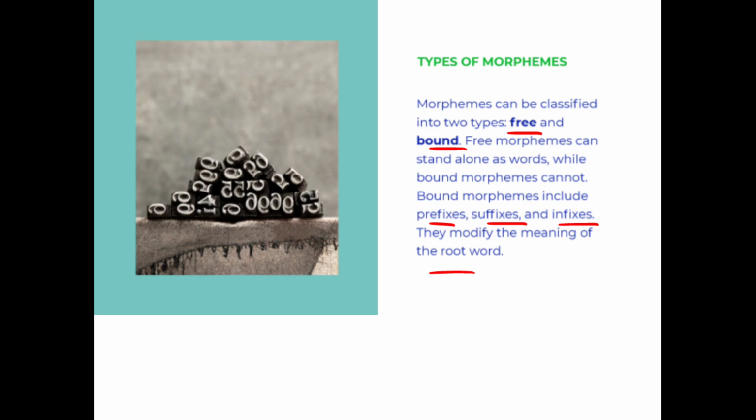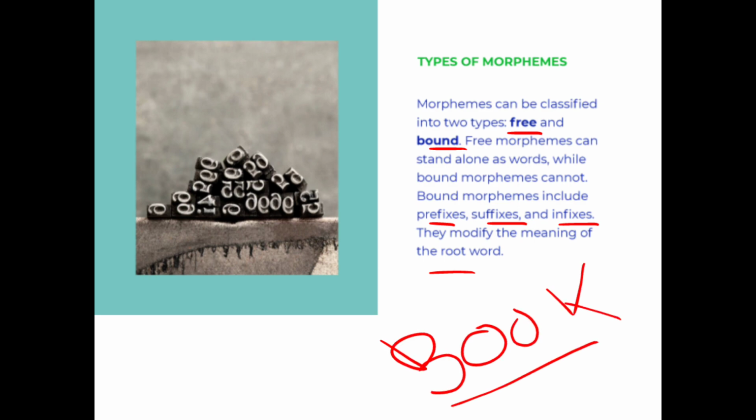Root words are words which can stand alone and have their own meaning. Here we have book. Book is a free morpheme as well as a root word. So if someone asks what a root word is, you can put any example, like book. Book is a root word and a free morpheme.